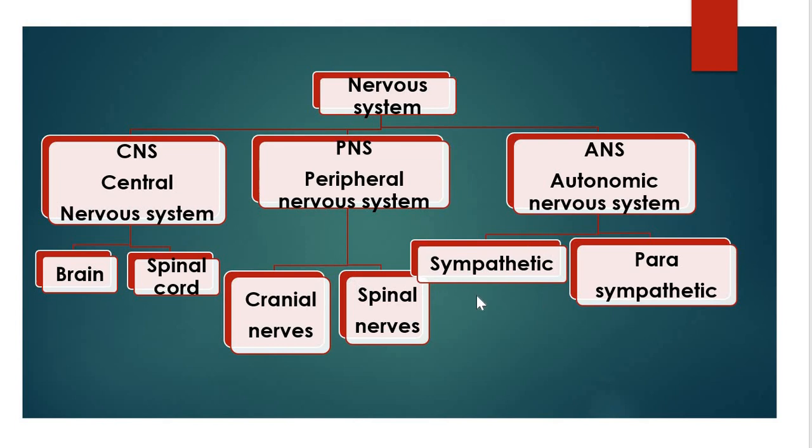Like in case of emergency, if our heartbeat increases, then the heartbeat becomes normal due to the parasympathetic nervous system. The increment of heartbeat is due to the sympathetic, and after that the decrease in the heartbeat to come into the normal situation is with the help of the parasympathetic nervous system.